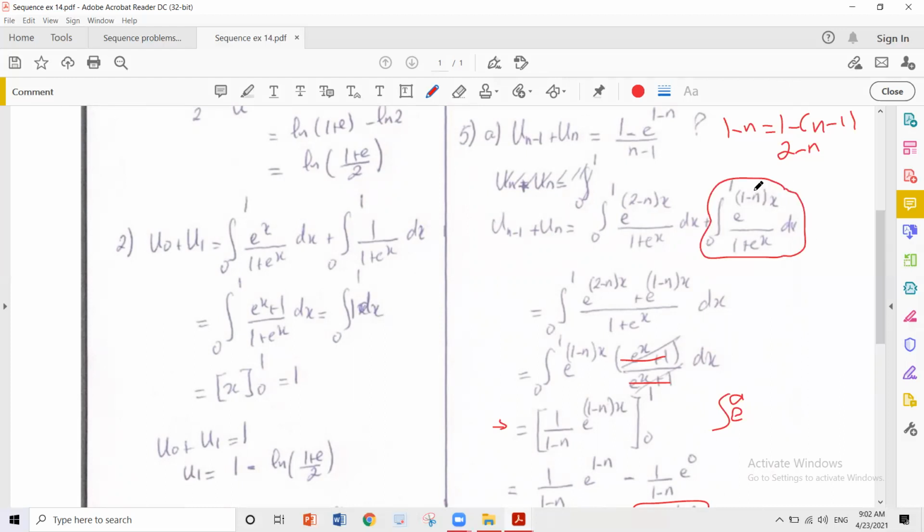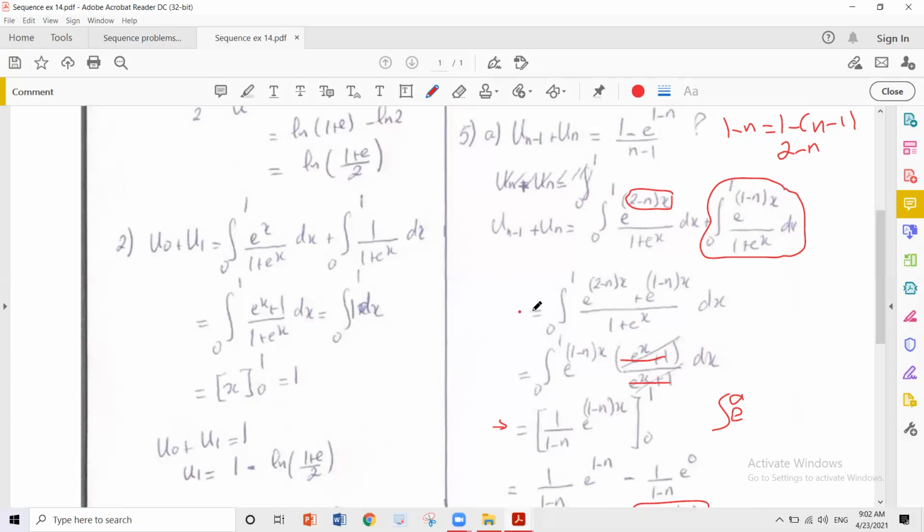Yes. Given u_{n-1}, I put instead of n, n minus 1, it becomes e to the power 2 minus n over 1 plus e to the x. Did you understand how 2 minus n came? Yes. Above, we put them under the same integral, same denominator, same integral from 0 to 1.